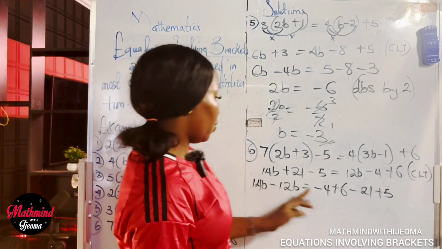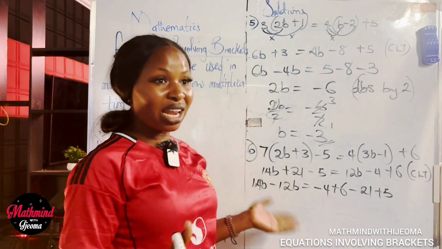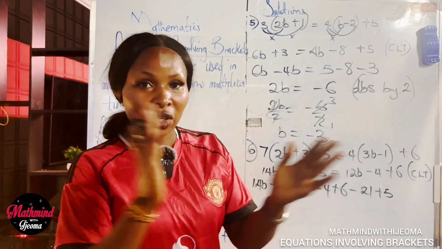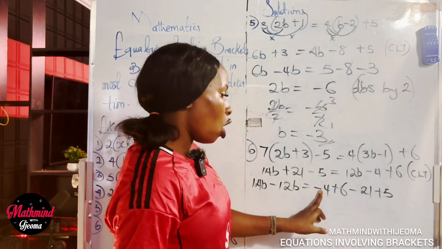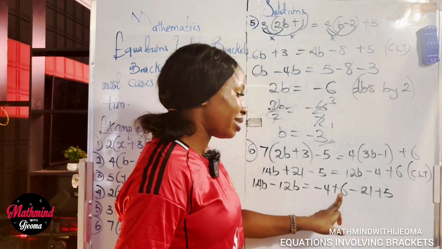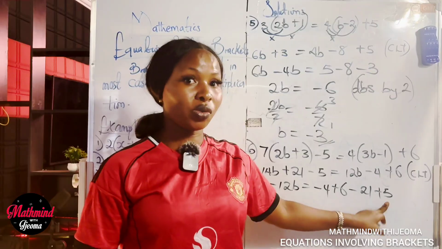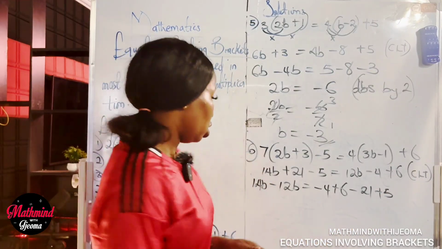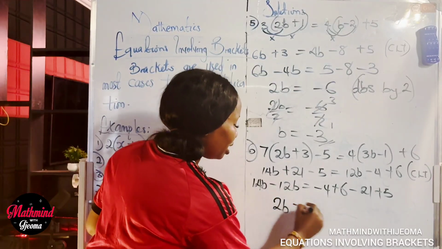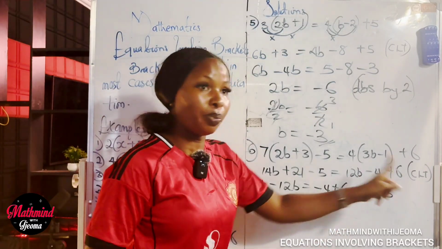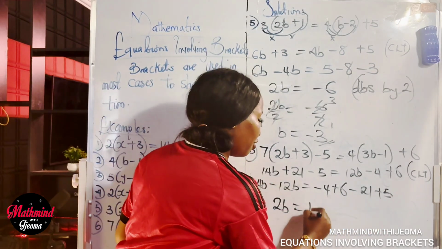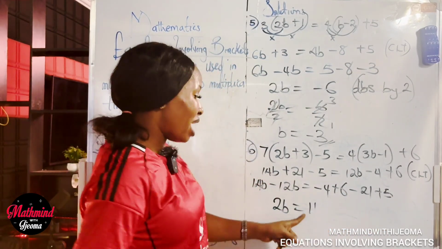Now, in this case, there is another way to sort this out, because the positives are 2, negatives are 2. You can do it this way. Let's start from positive. You're having 6 and you're having 5. All together, you're having 11. So we have 14b minus 12b, which is 2b, is equal to, let's take the positives. So plus 6 plus 5 will give us 11. Why didn't I put plus?